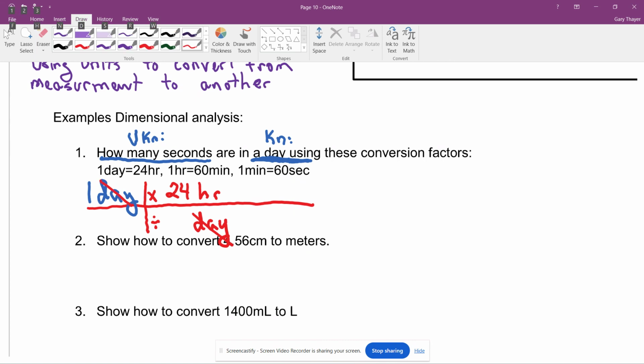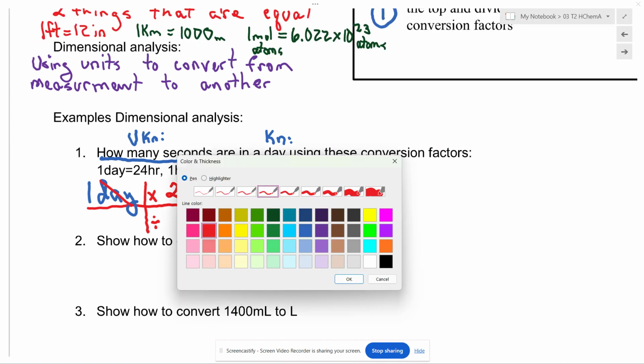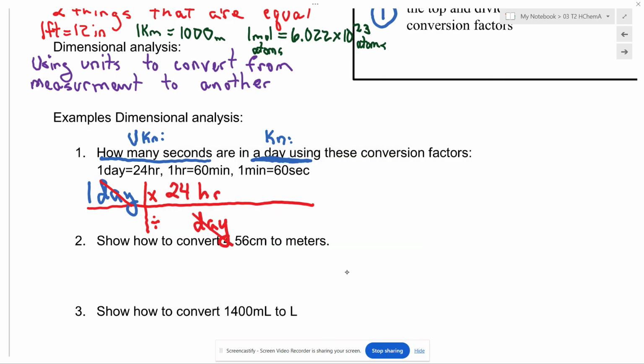Then I want to get to seconds eventually, but I don't know how many seconds are in a day, so I'm going to use a second conversion factor here to get me from hours to minutes.